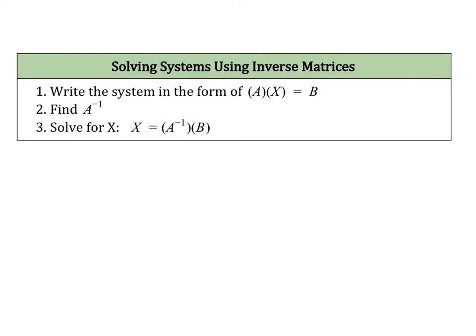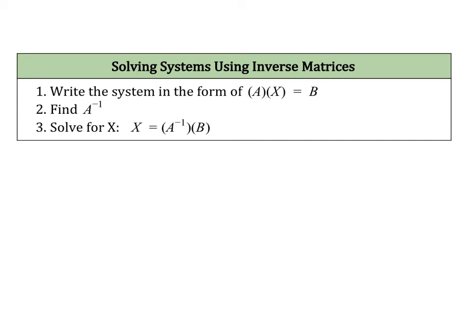All right, so now we're going to talk about one of the applications of inverse matrices, which is solving systems. So we already know many ways of solving systems, but we can actually do it with an inverse. So we can set up our system in a little bit of a different way.